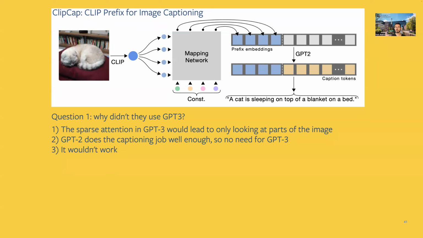You can think about it, you can pause it if you like. The answer is 3, because GPT-3 is only available as an API. You cannot backprop through it. You can get text output, but you cannot get gradients out of it. So in this case, because you're training the mapping network, you wouldn't be able to get gradients.